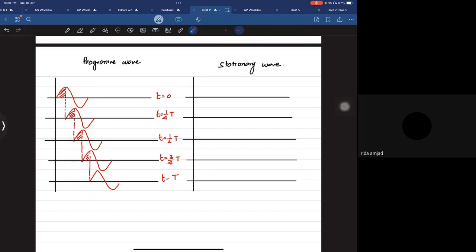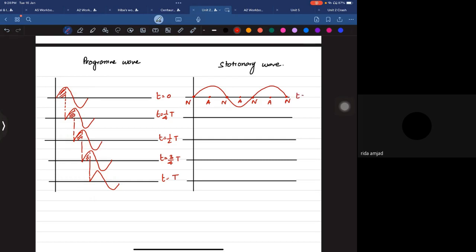Now, standing waves are quite different. In a standing wave, we have fixed nodes and antinodes. As we learned previously, nodes have no energy and antinodes have maximum energy.